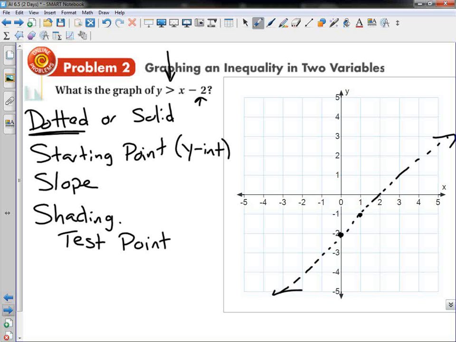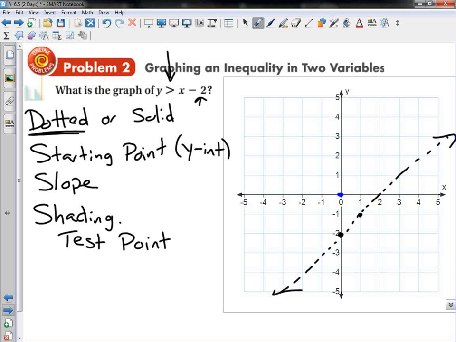It can be any point that you choose, as long as it's not on that dotted line. Probably the best one to get in the habit of choosing is 0, 0. Zeros are pretty easy to do math with, so it makes it pretty simple to test that point.